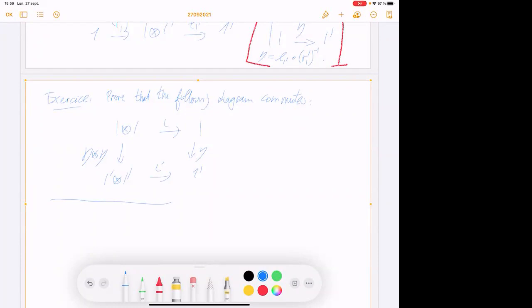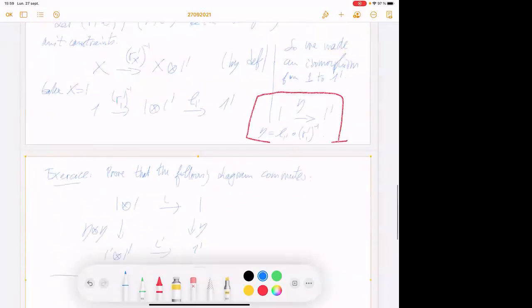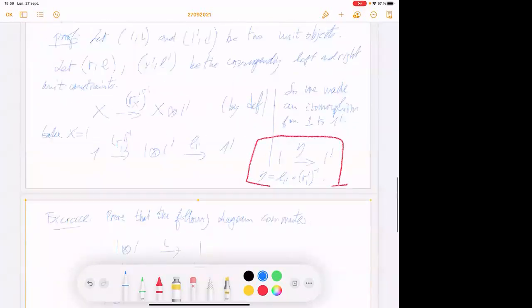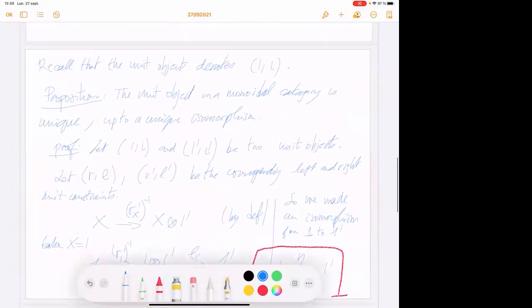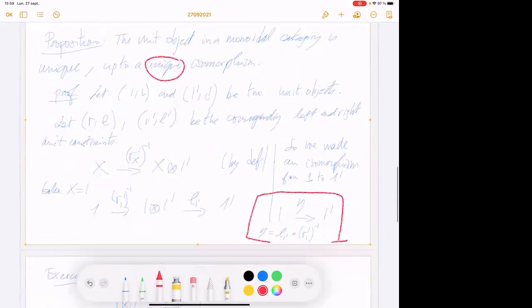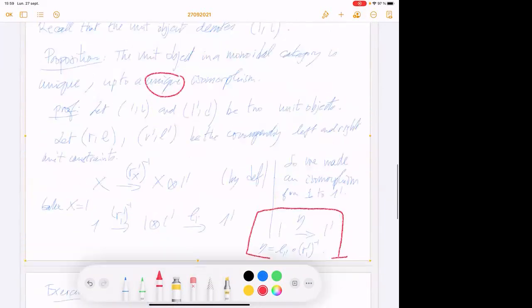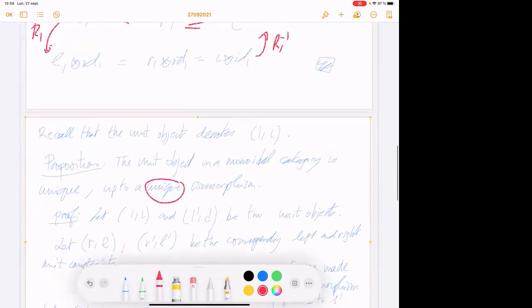So now this proves the first part of the proposition. We proved that there is a unique object up to isomorphism. Now the proposition says it's up to a unique isomorphism. So we made the isomorphism eta, but it's a bit stronger than that.